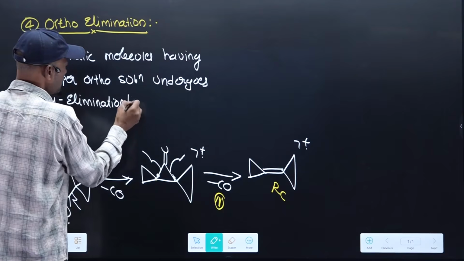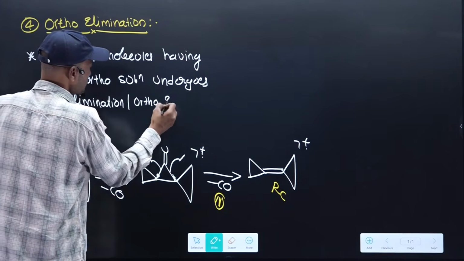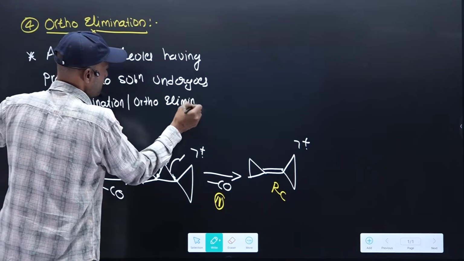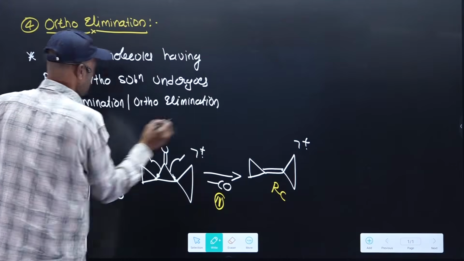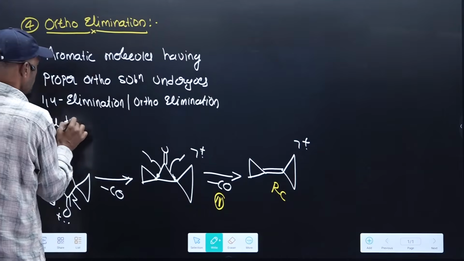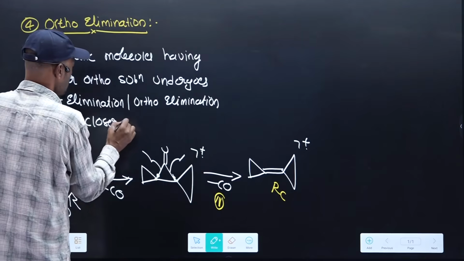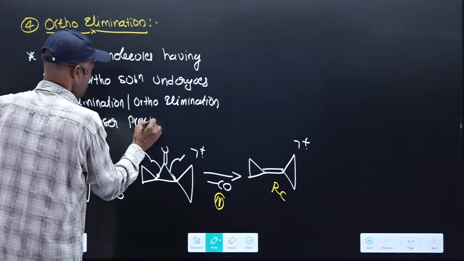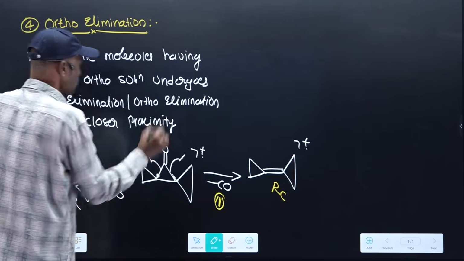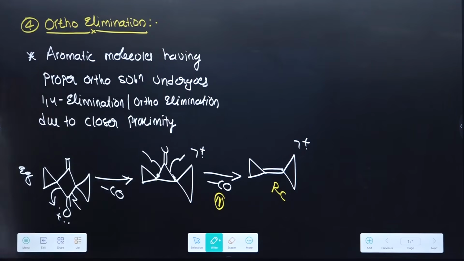This 1,4 elimination is also called ortho elimination. Okay, so due to closer proximity, means they are very close to each other, that's why this ortho elimination is possible.